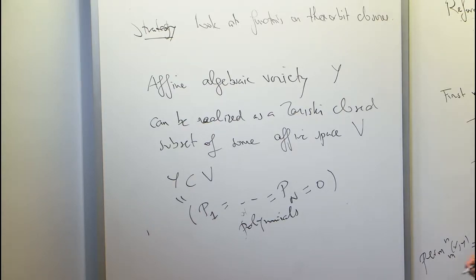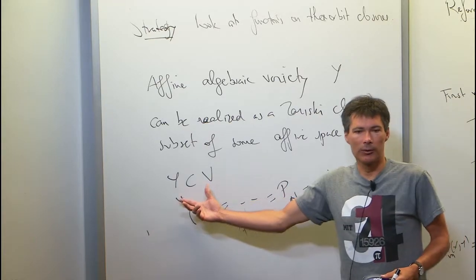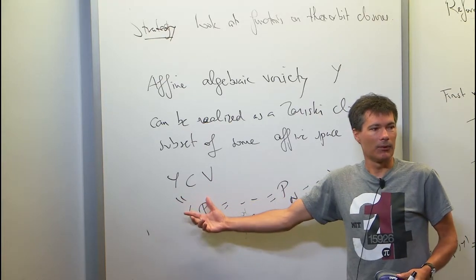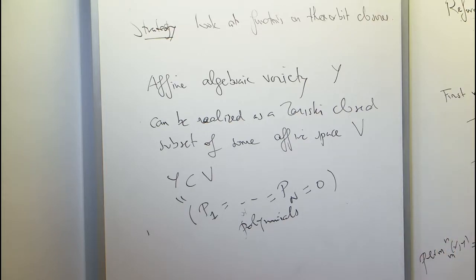The point being that a priori there are many ways to take your preferred affine algebraic variety and embed it in some affine space and find some polynomial equations which define it.